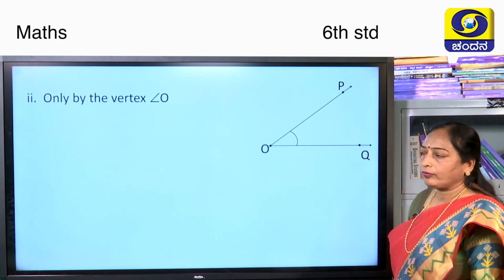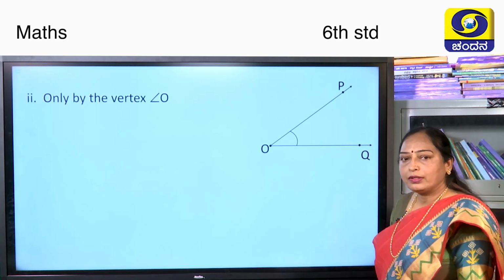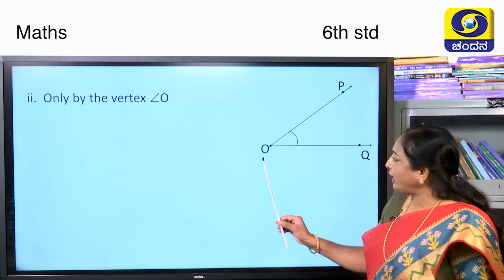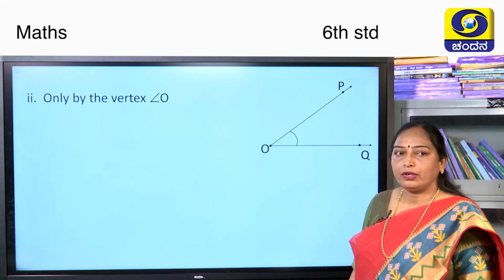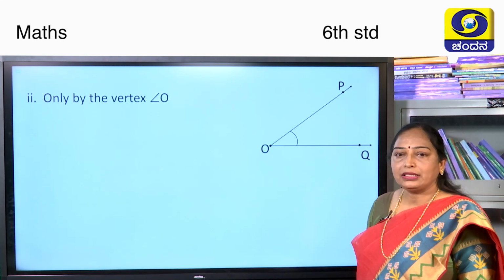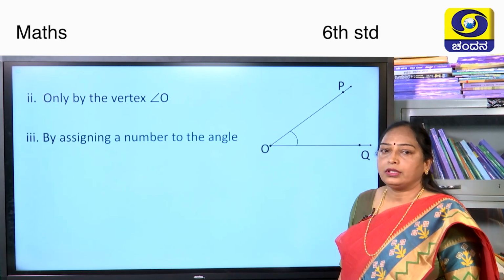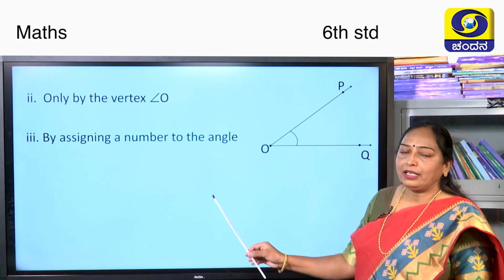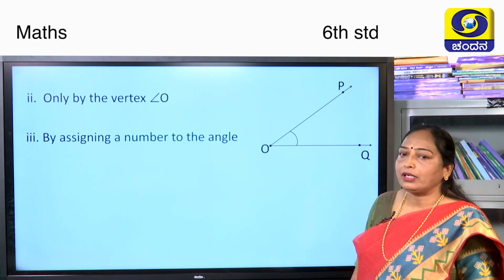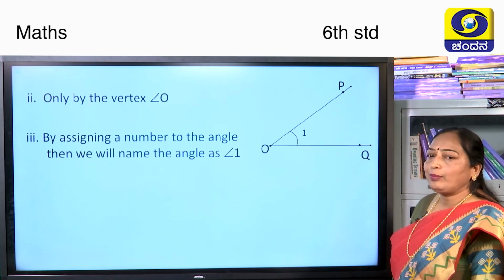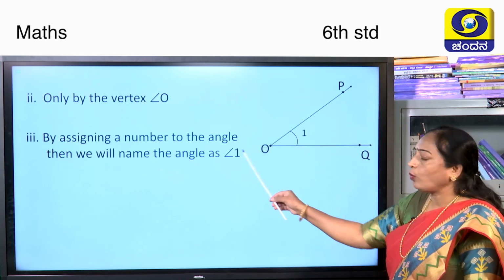Second, an angle can be named only by the vertex. Which is the vertex here? O. Therefore, it can be named as angle O. Third, an angle can be named by assigning a number to the angle. Let us give the number 1. Then we name the angle as angle 1.